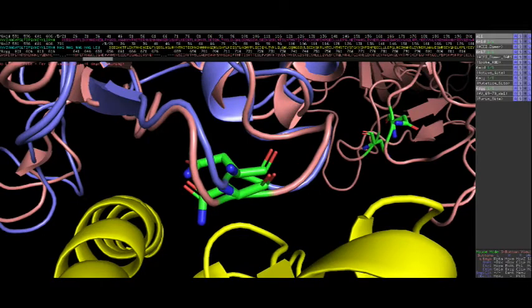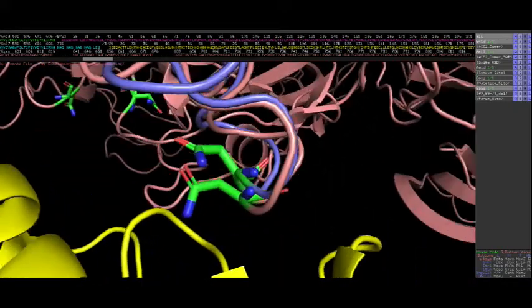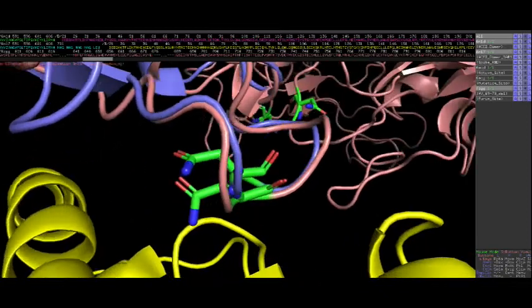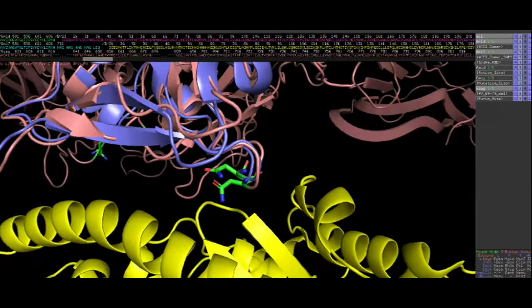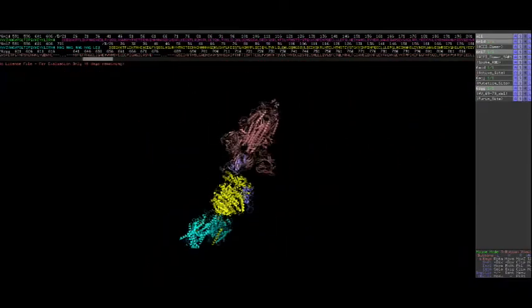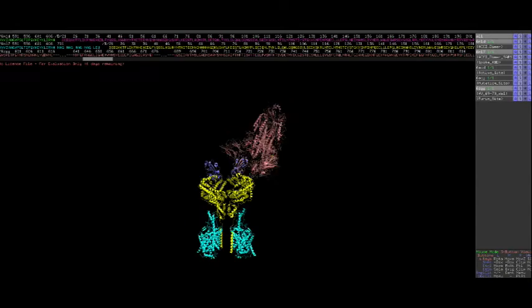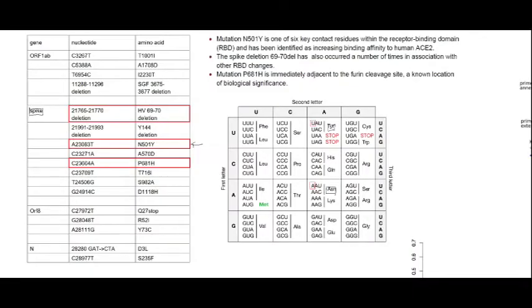I have kind of an overlap going on here, but this pinkish color and this bluish color are the same thing, and this is the asparagine residue. This is being turned into a tyrosine. Like I said, you can see this is right at the interface where the SARS-CoV-2 spike protein, in the salmon-like color, is binding to the human ACE2 in yellow. So that asparagine is being mutated into a tyrosine.